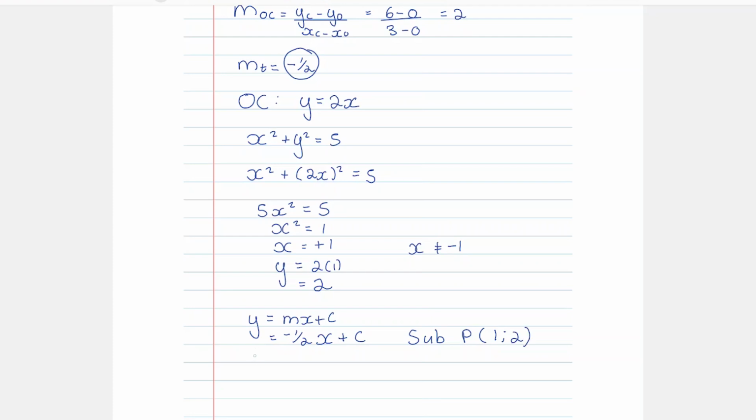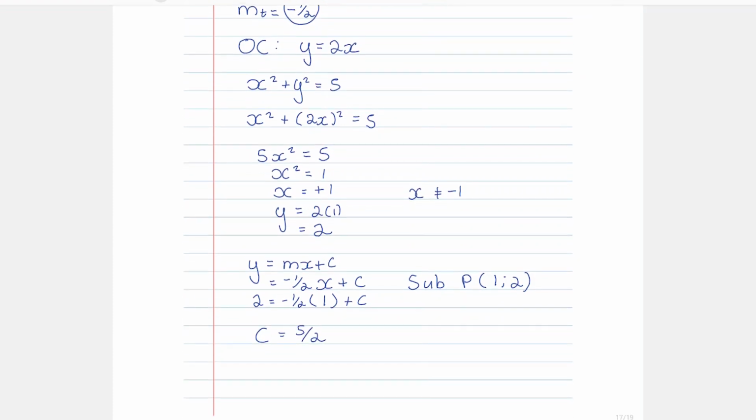And therefore we have 2 is equal to minus 1 over 2 times 1 plus c. And therefore c is equal to 2 plus a half, which is 5 over 2. So the equation of the tangent is y equals minus a half x plus 5 over 2.